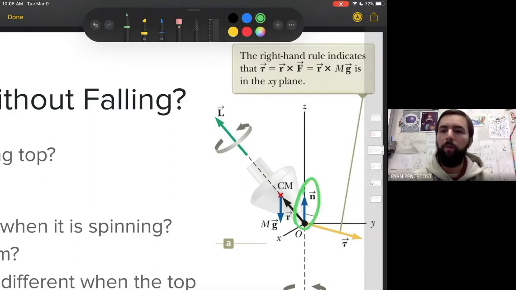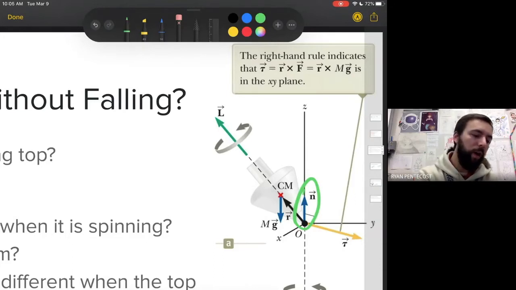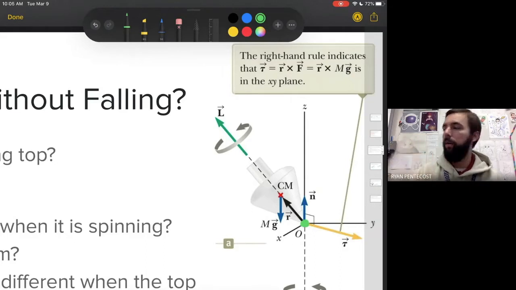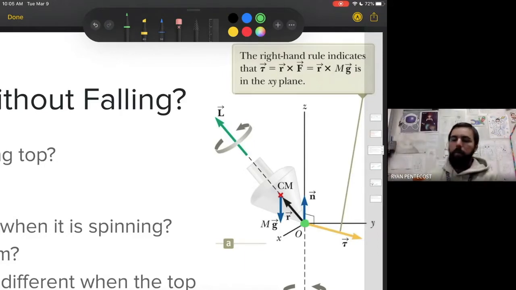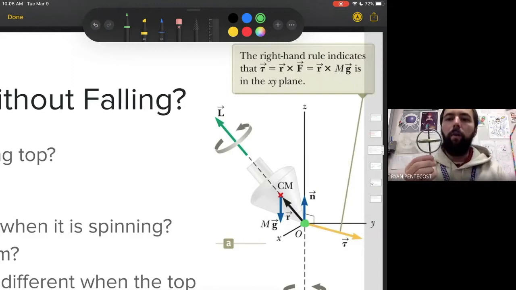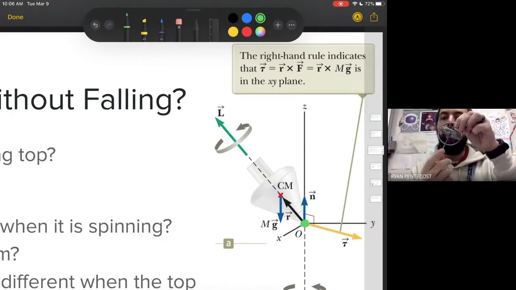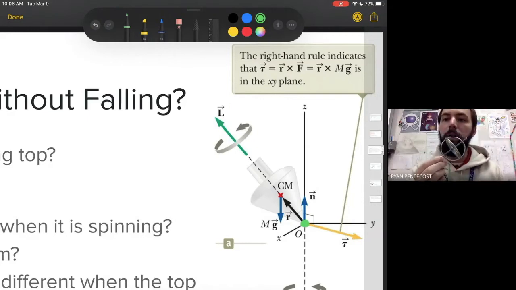The reason the normal force does not cause torque on this top is because it's not a radius away from the axis of rotation. If this object were to fall, it would rotate about the axis of its point, right? Let me grab a gyroscope for an example. If you were to watch this gyroscope fall, it would fall about this point down here, about the point it's making contact with the surface, so we could see that as a rotation.